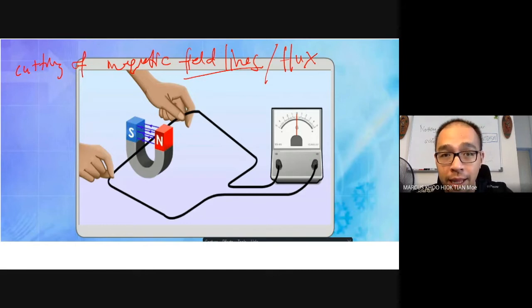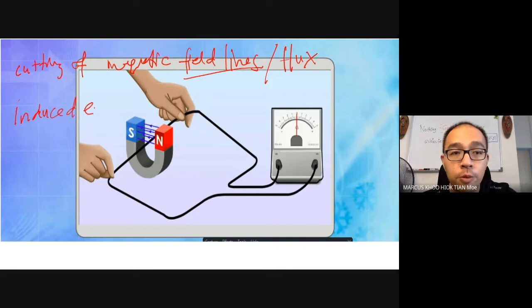These magnetic field lines, alias the flux, when you cut them, bila kamu potong the magnetic field lines, you are going to produce an EMF, an electromotive force. This is from the previous subtopic. You are actually producing an induced EMF, which then produces your induced current.